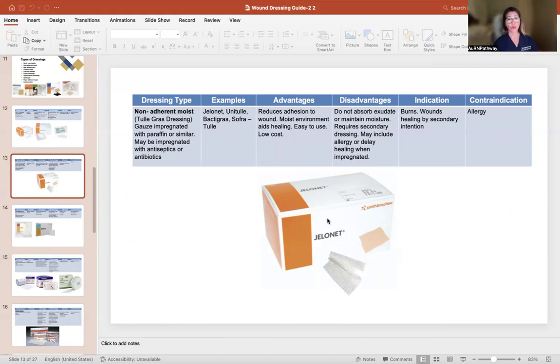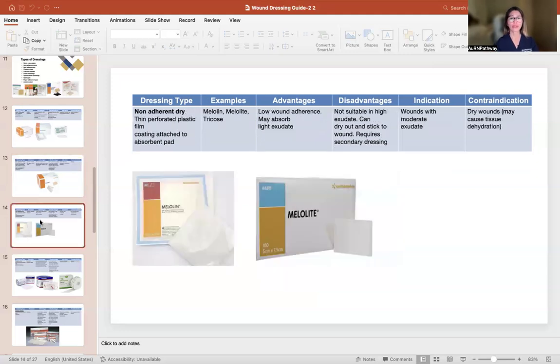These are used obviously for a wound that is superficial and already healing well. One example of superficial is burns, right? These are ideal for those. It provides a moist environment that is very good for wound healing. It does need a secondary dressing or a bandage to keep it in place.